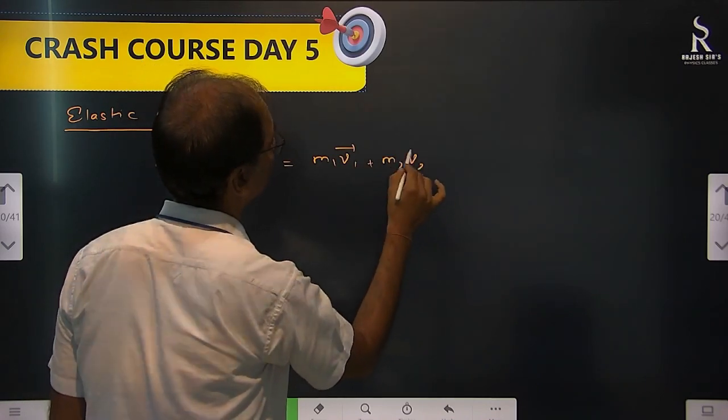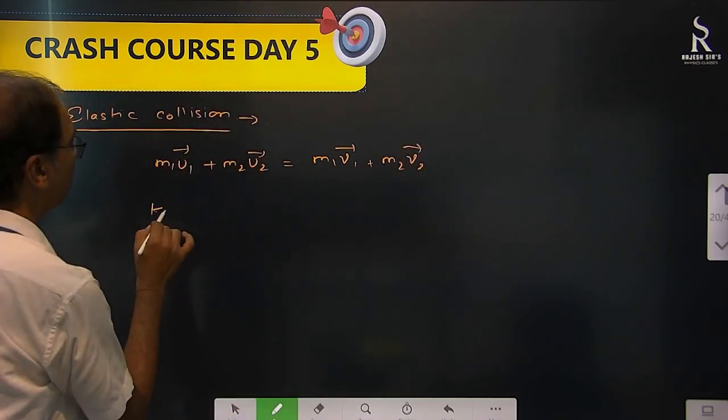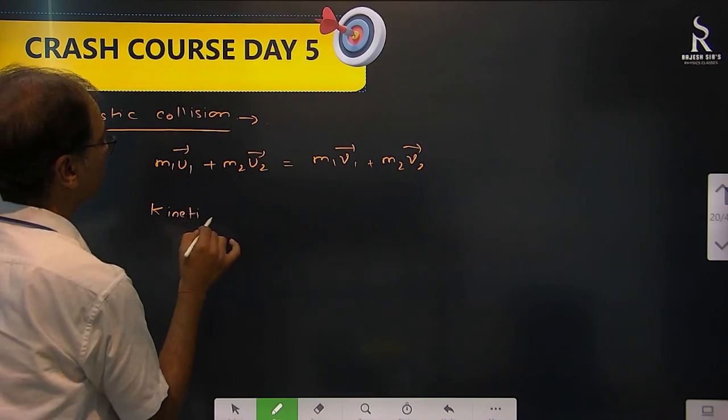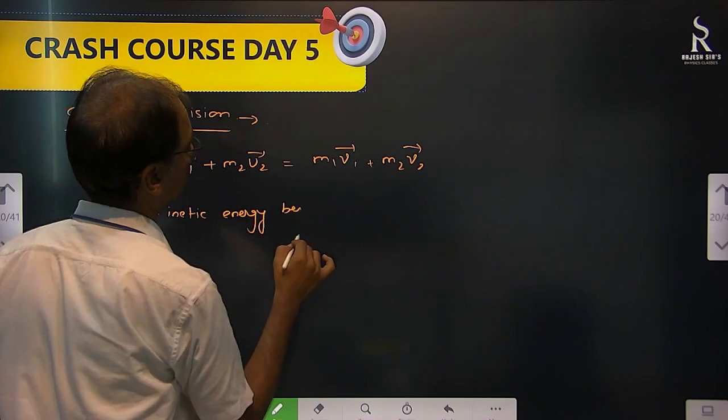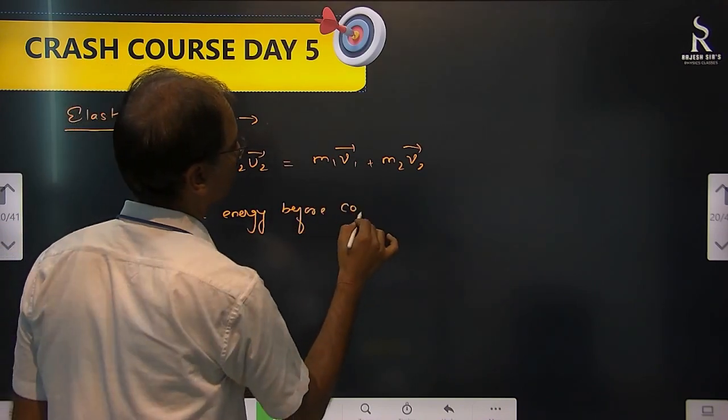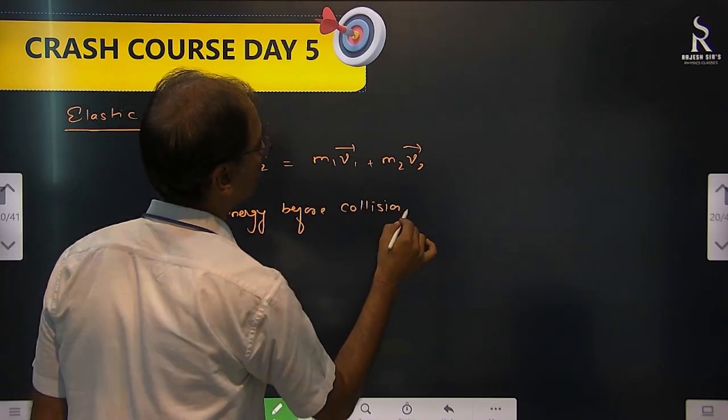Momentum is conserved, but at the same time, kinetic energy before collision is equal to kinetic energy after collision as well.